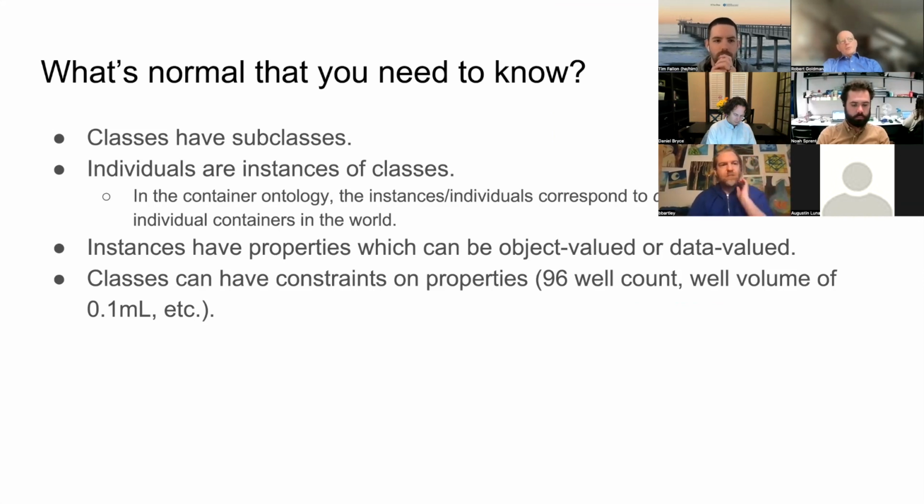OWL jargon, for whatever reason, uses the term individual instead of instances. And something that you need to know about how the container ontology works is that the individuals in the ontology aren't individual containers in the world. Instead, the individuals really correspond to catalog entries.